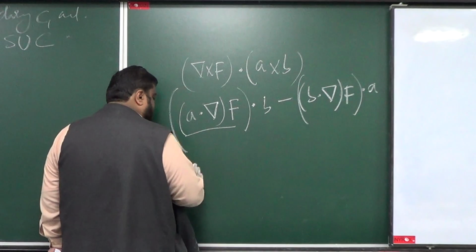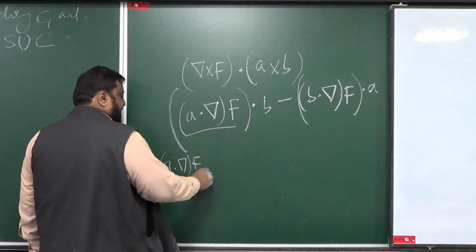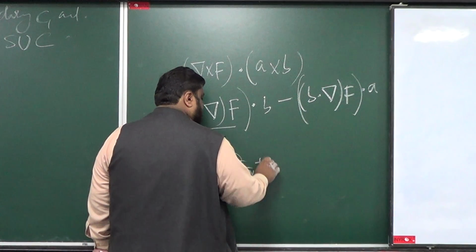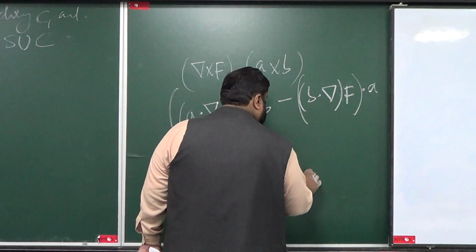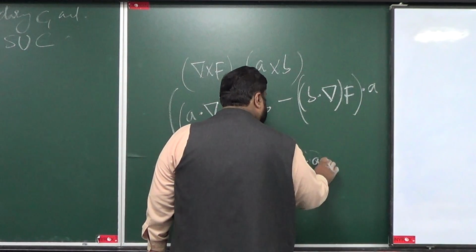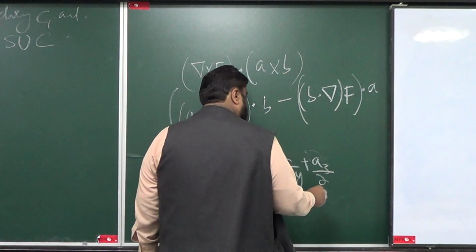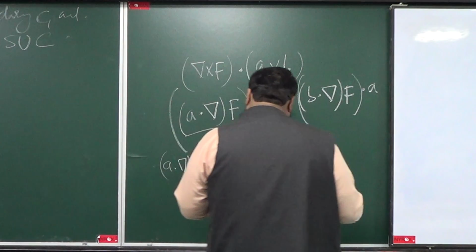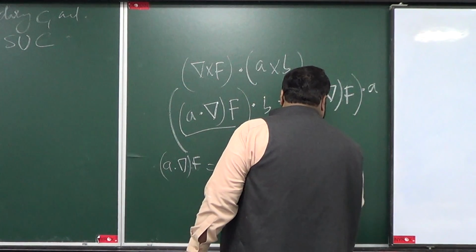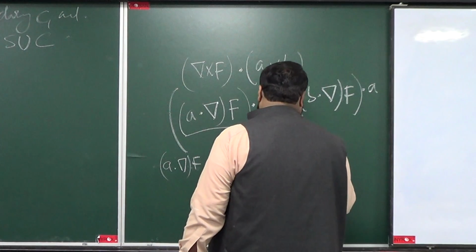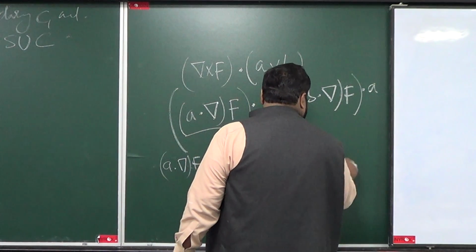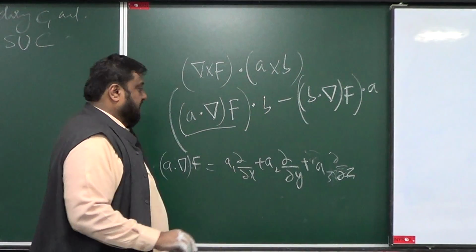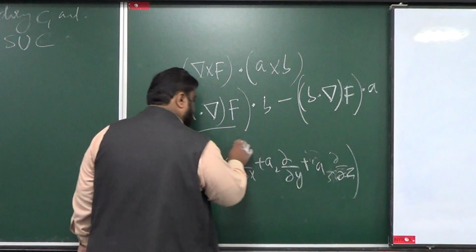By a dot del operated onto f, I mean a1 partial by partial x plus a2 partial by partial y plus a3 partial by partial z, and then I'm operating it onto f.